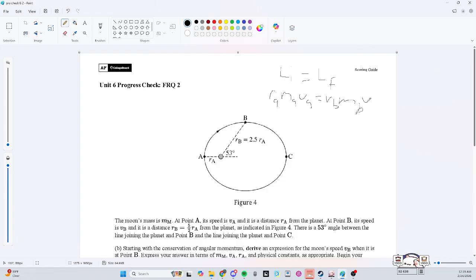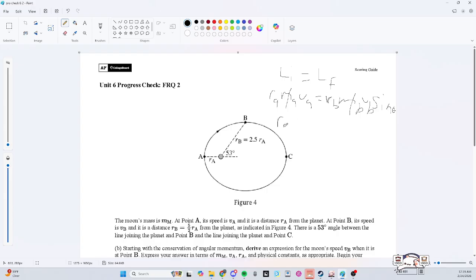MB VB, but we have to add in a sine theta because we need to get the perpendicular component. This is already perpendicular, as you can see here, so that's why we don't need it at A. And now the mass stays the same, so we can cancel out the mass.